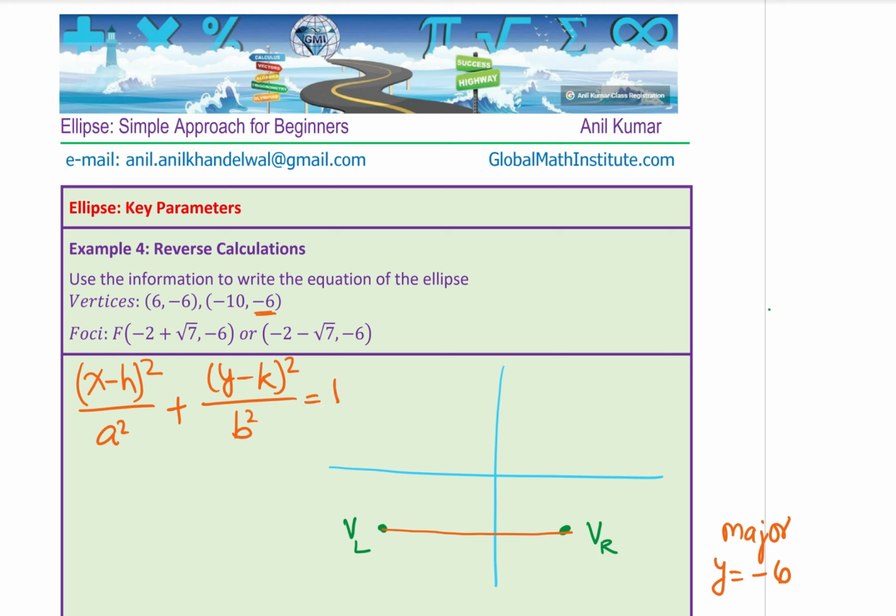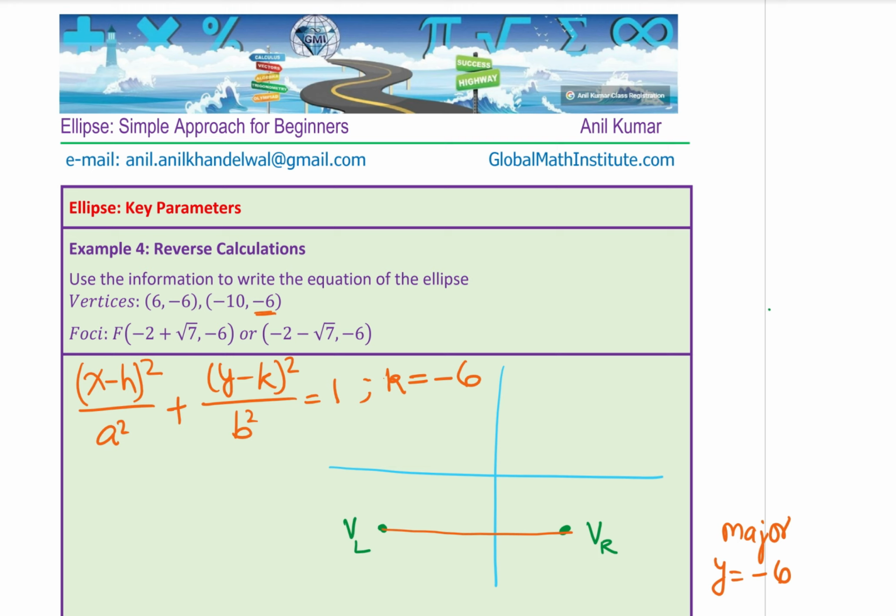And this translation, as you can see, is vertical, y minus 6. So from 0, it has moved 6 units down. So it means that the value of k is equal to minus 6. Is this part clear to you? Correct? So we got this part.